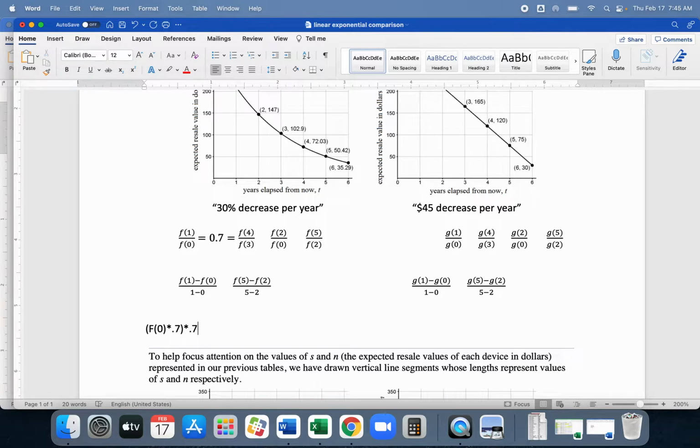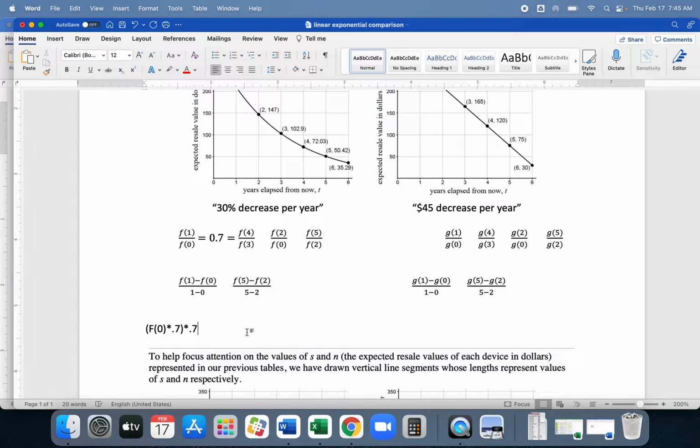I don't really need those parentheses, though, because all we're doing is multiplication. And multiplication, if you switch around the order or do some pieces first or other pieces first, that's just your own preference. If we're doing this in order starting from the beginning, I'd say first find f of 0 times 0.7, find 70% of it, and then find 70% of that answer.